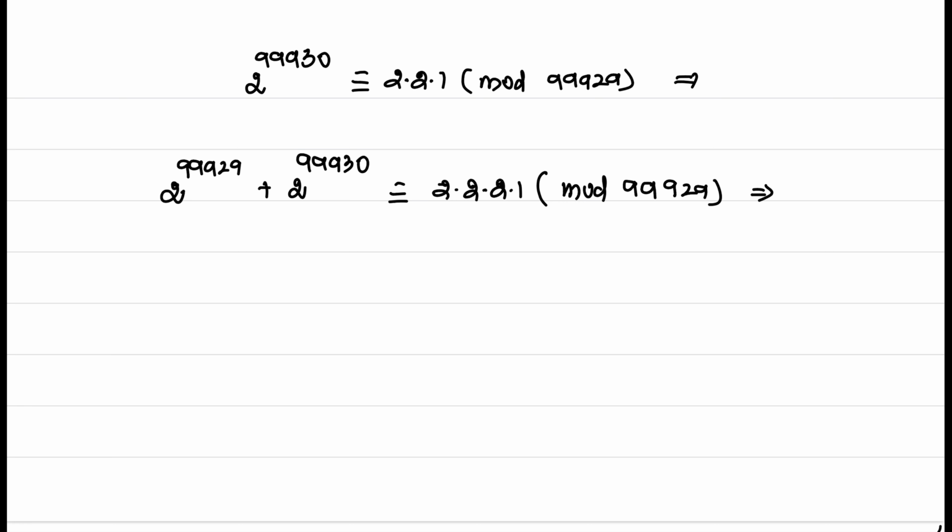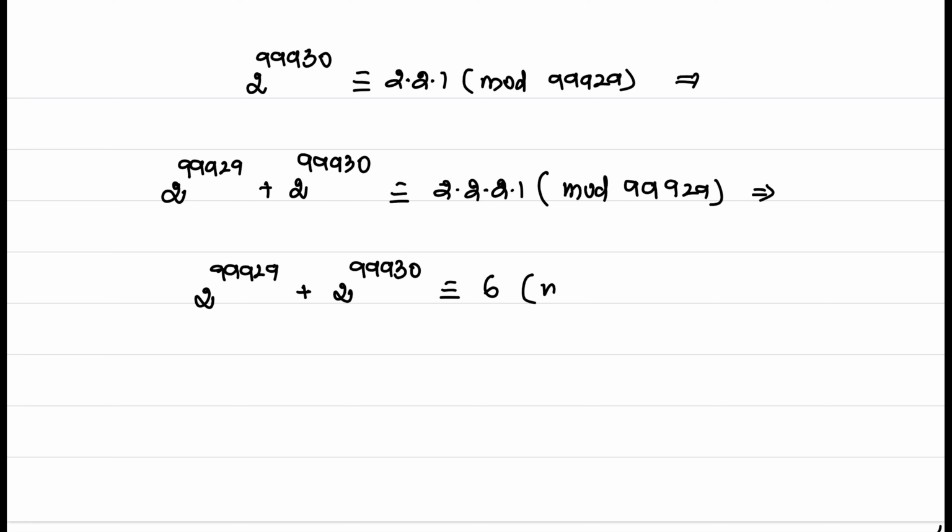That implies 2 to the power of 99929 plus 2 to the power of 99930 is equivalent to 6 mod 99929.